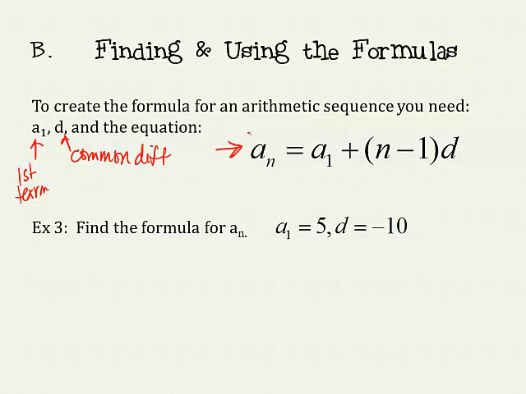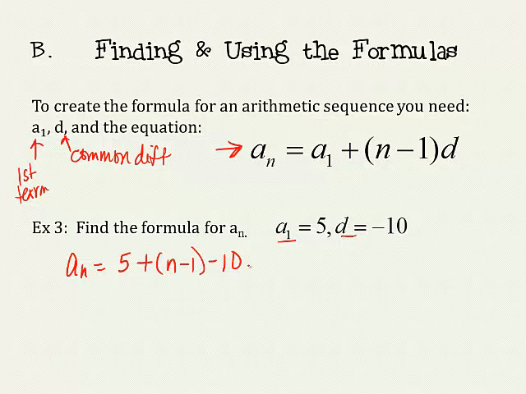And then this equation right here is on your formula chart that I gave you. It's also on the one in the classroom. This is the formula for arithmetic sequences, so you need to make sure you catch this one. If it says to find the formula for a sub n, it has to give you a1, it has to give you d, and you plug it into this formula. So a sub n would equal a1 plus n minus 1 times d.